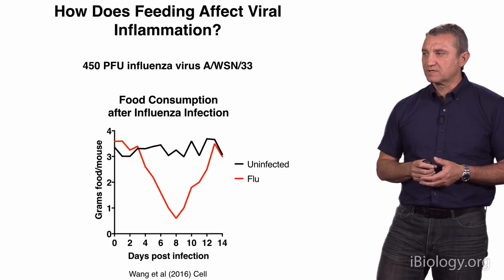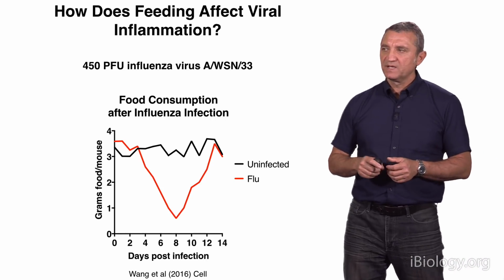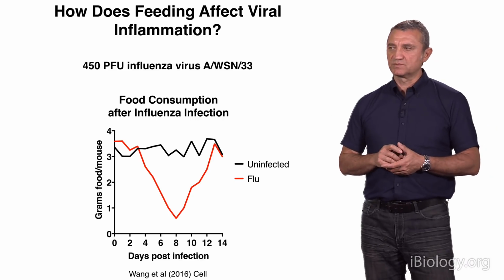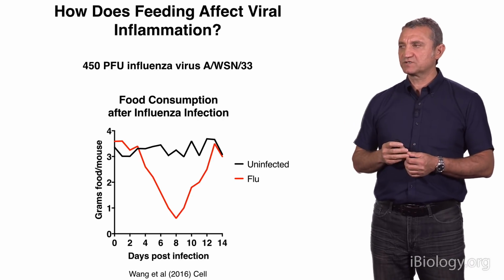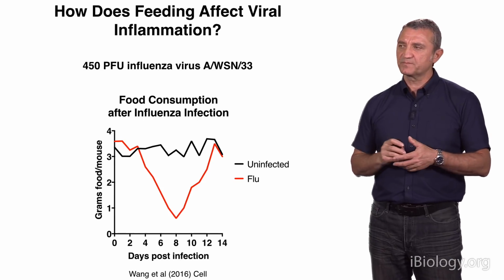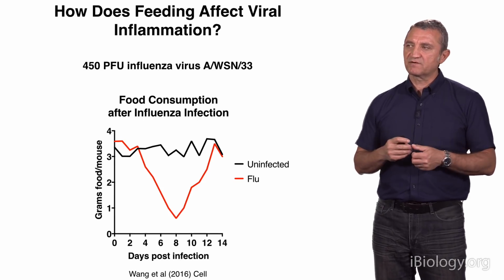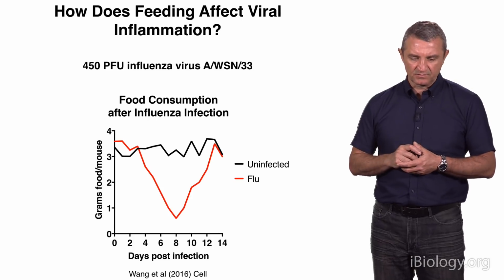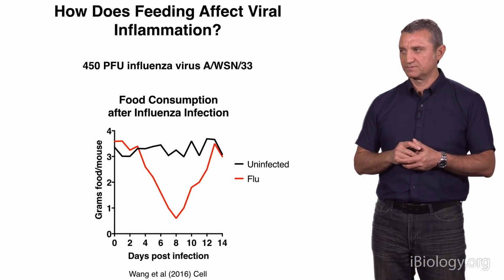In this case, we are giving a sublethal dose of flu, and then we follow, again, their food consumption. And just like with bacterial infection, you can see that mice at the peak of infection stop eating. And then as they start recovering from infection, they resume food consumption.